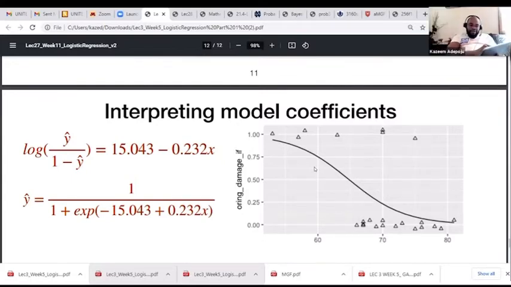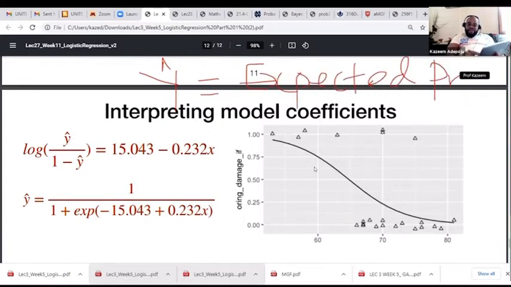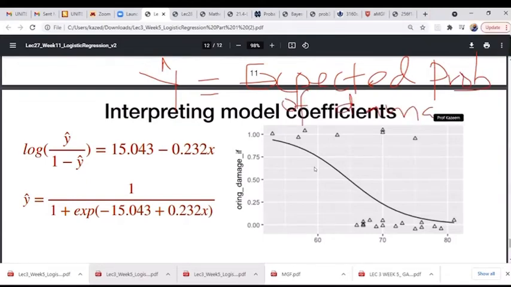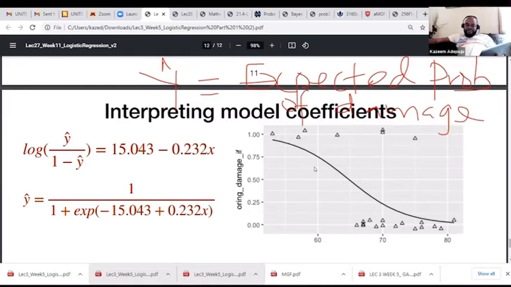Yeah. I will advise that, because it has a cap, you call it expected probability, the expected probability of damage. Does that make sense now? Okay, so it's the expected probability of damage to the O-ring. Exactly, you are right.